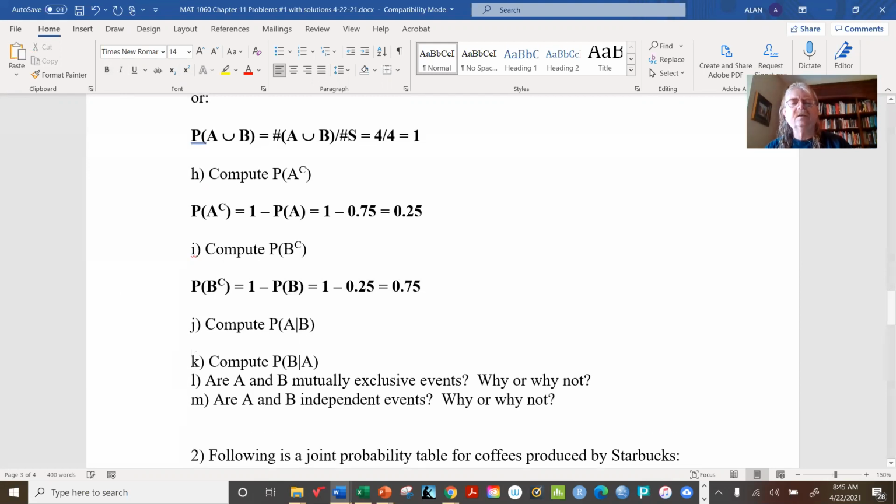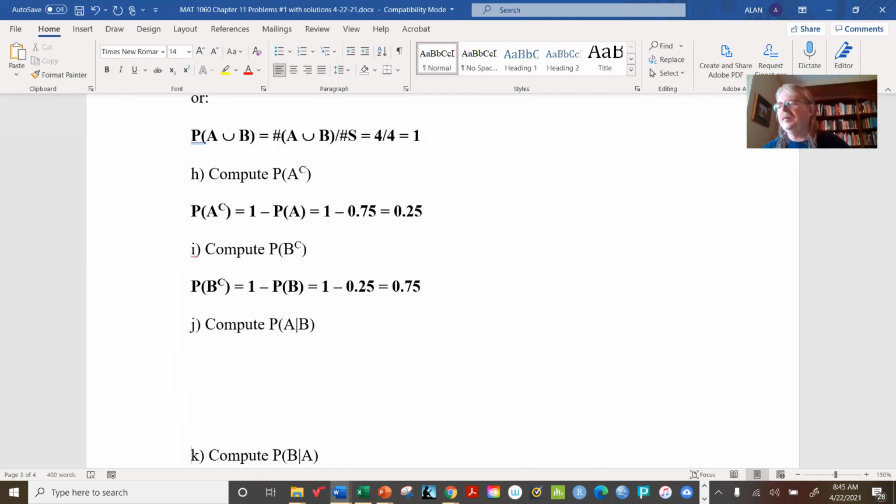All right, now these next two are very interesting. These are the conditional probabilities. And you might recall there's a formula for that too. All right, what is that formula equal to? Well, let's see.